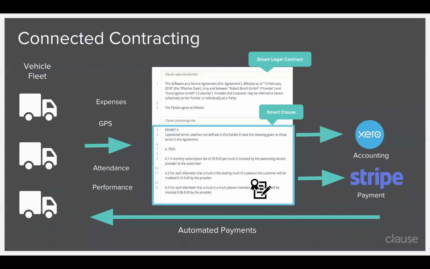In this scenario on the slide, we're processing IoT data from some sort of vehicle fleet, but that's also being correlated with perhaps expense data, GPS data on the position of the vehicles, attendance data for the drivers, and performance data. All of those trusted event sources are being routed to a specific contract.